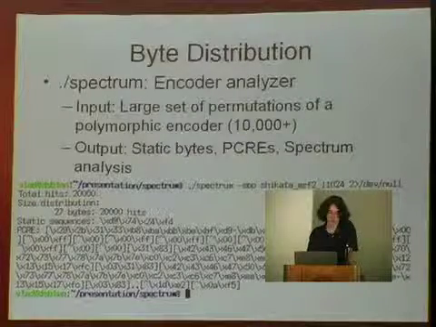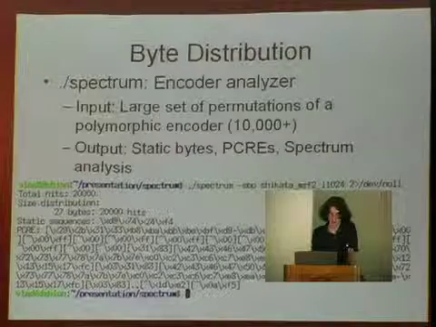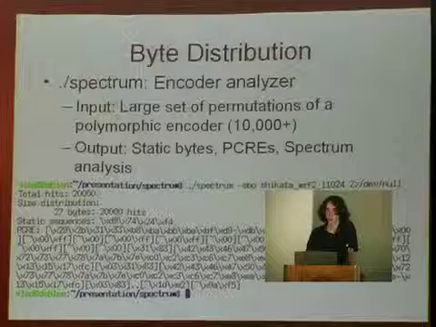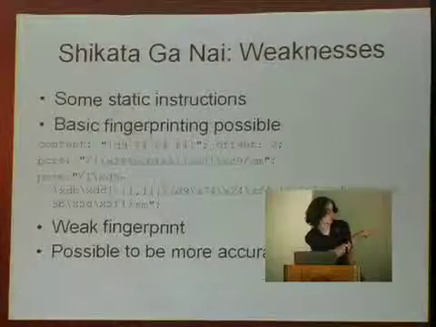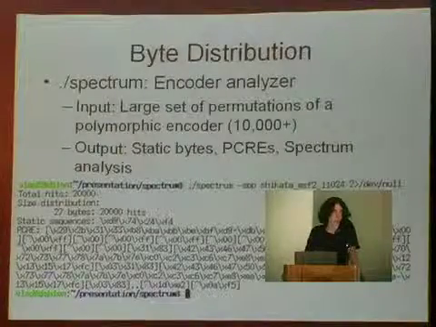What it says is basically, I have 20,000 of these encoders, and there's a static sequence of D97424F4, which is the FNSTENV we fingerprinted here in that content statement. And it outputs a gigantic Perl regular expression.